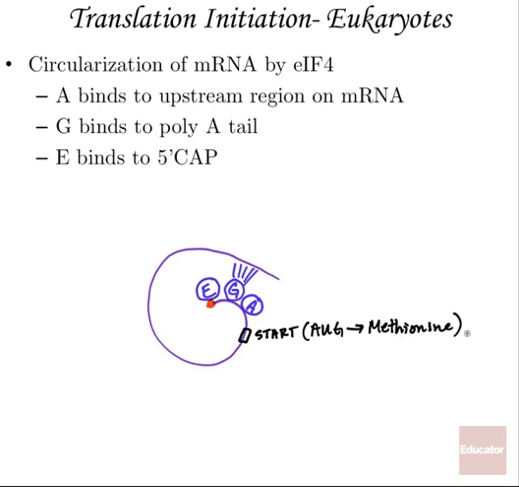Okay, so by circularizing this, we actually allow ribosomes, let's use a different color, we'll use green.